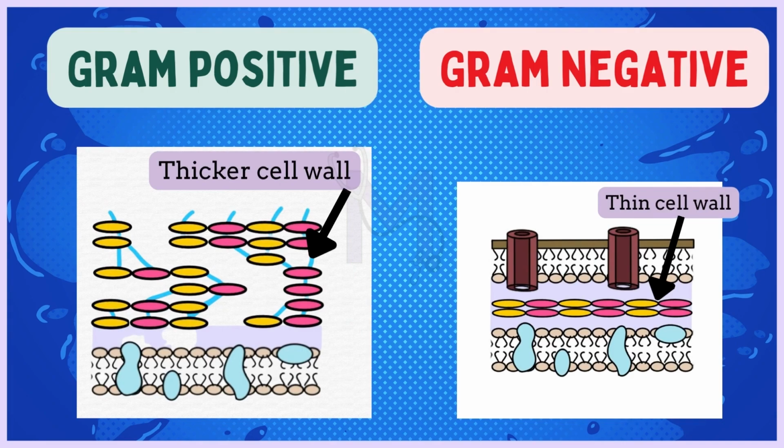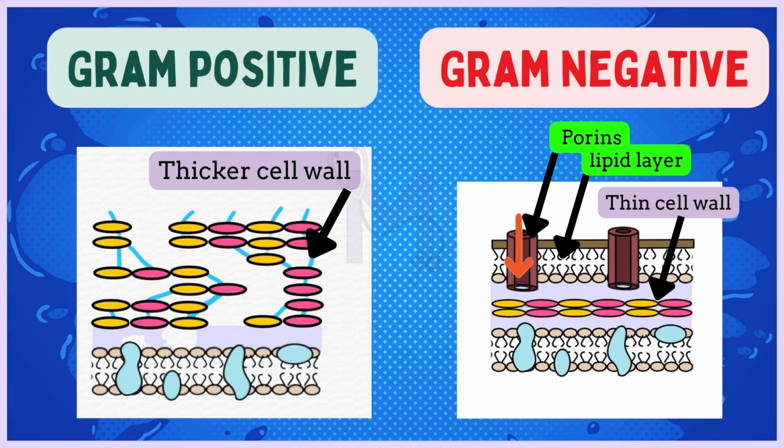You might be thinking that the gram-negative bacteria's thin cell walls make it simple for penicillin to enter them, but here's the catch. Gram-negative bacteria build up an additional protective outer membrane of lipid with porin channels to make up for the weak cell wall. These porin channels aid in the movement of materials in and out of the cell.